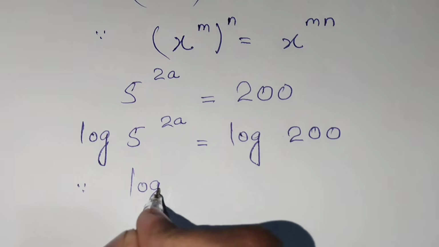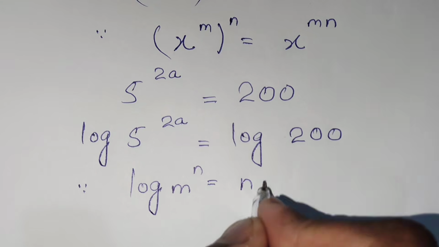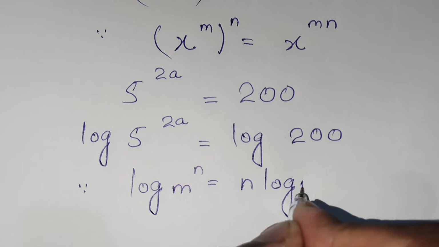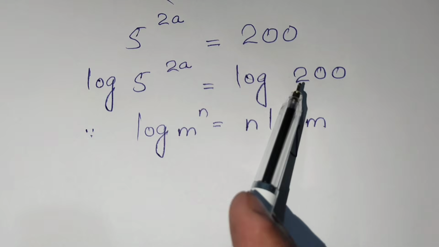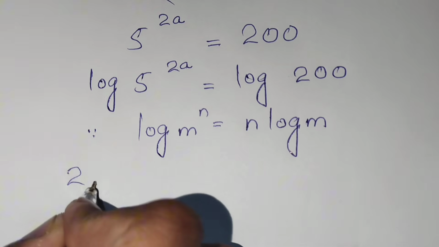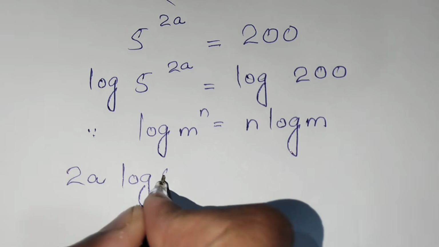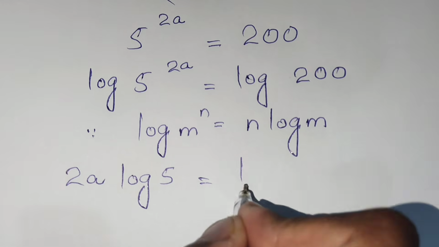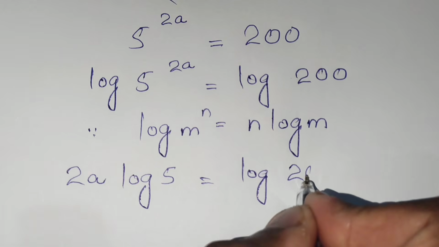Log of m raised to the power n is equal to n times log of m. So this equation will become 2a times log of 5 is equal to log of 200.